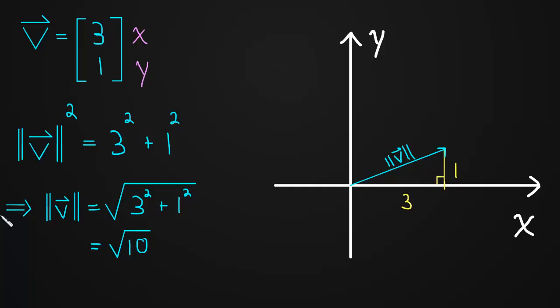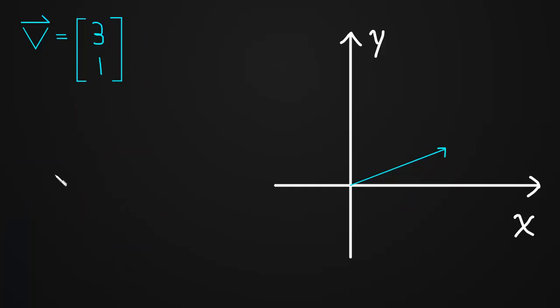Okay, let's look at another example. Let's say we have u equal to (-2, 7).